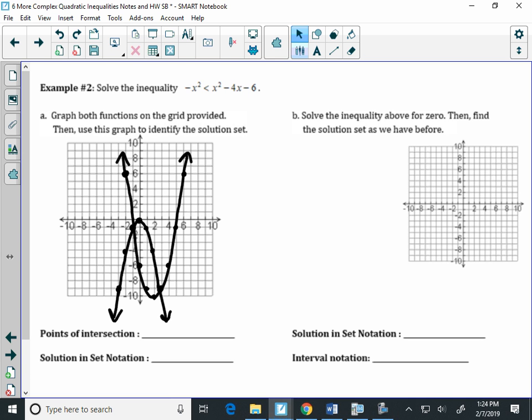Not all of it. So we're looking for where the upside down one is underneath the other one. All right, so it looks like it's this portion of the graph and this portion of the graph that are underneath the other parabola. So if I look at the intersection points, Bobby's right, that happens at -1, -1, and 3, -9. Is that right?